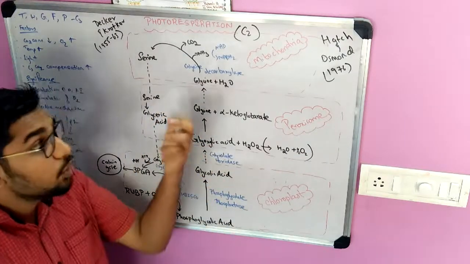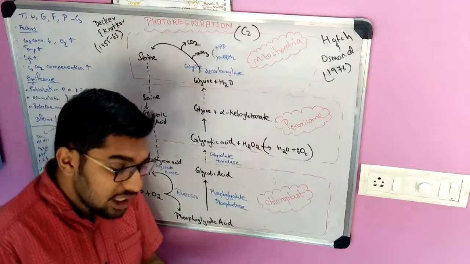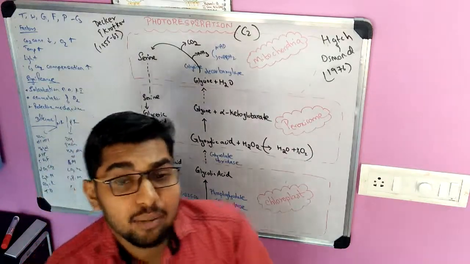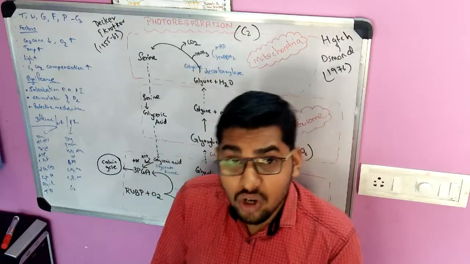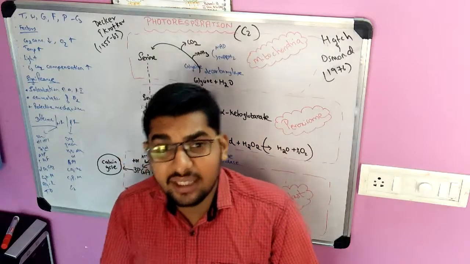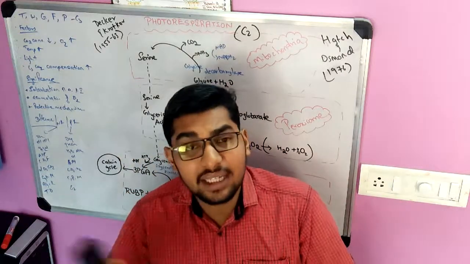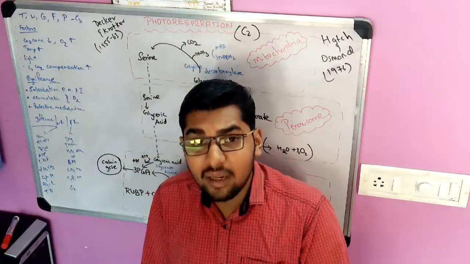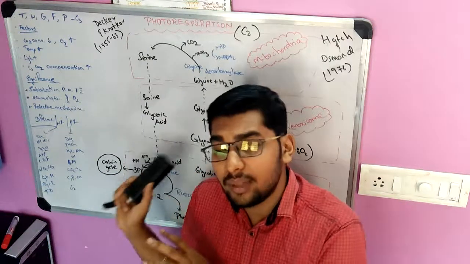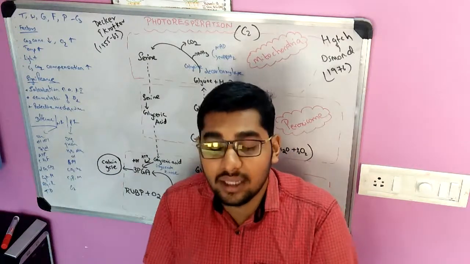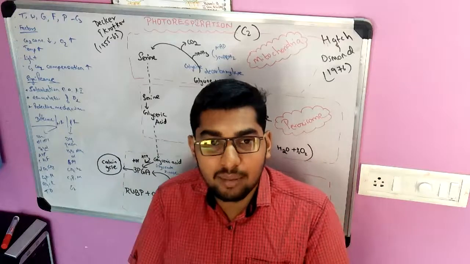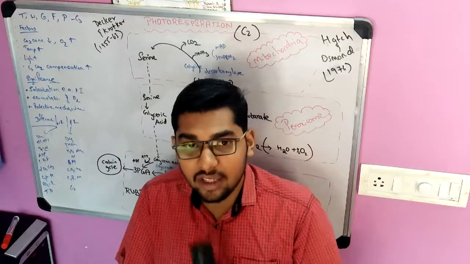Also, photorespiration is dependent on temperature, light, and the oxygen to carbon dioxide ratio, whereas normal respiration is independent of these factors, though to a certain extent it is dependent, but not so much. So it is independent of temperature, light, and the oxygen to carbon dioxide ratio.